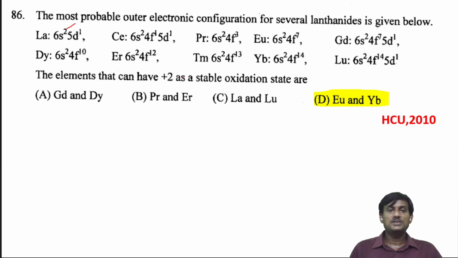Suppose you take this one, when you remove 2 electrons, you will get the half-filled f7 configuration. So europium can exhibit the +2 oxidation state, and also ytterbium, when you remove 2 electrons, you will get the completely filled f14 configuration. Ytterbium can also exhibit the +2 oxidation state. So D is the correct option.